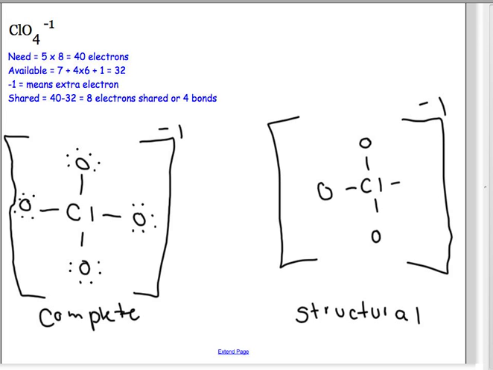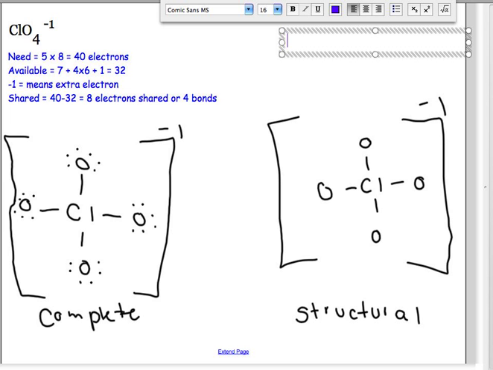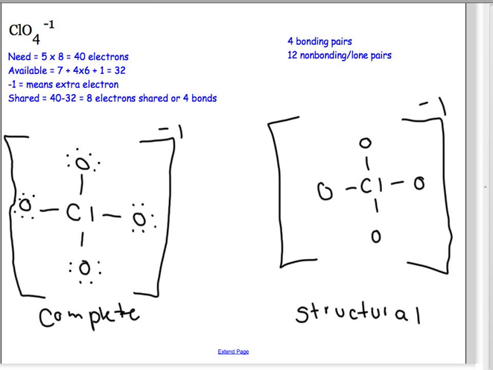And again, it's not that the other lone pairs aren't important, it's just that that's not really what we're looking at for structural. And then just so you have it, you may want to remember there are 4 bonding pairs, and there are, if you count them up, 12 non-bonding or lone pairs. And again, count all your electrons and they should equal 32, and they do.